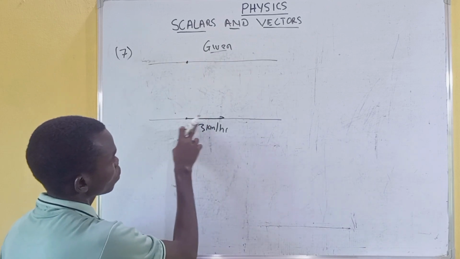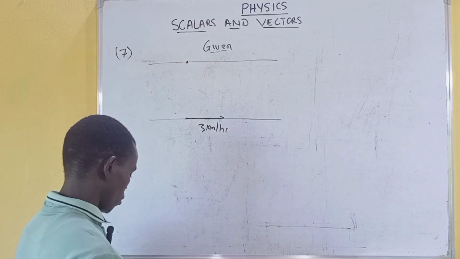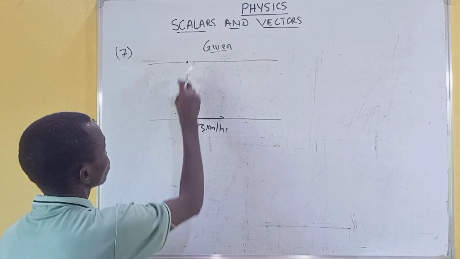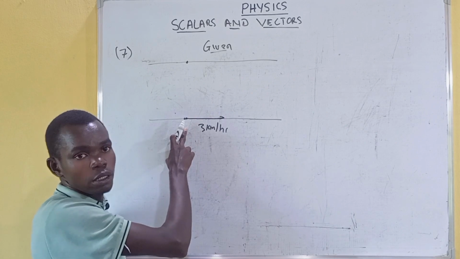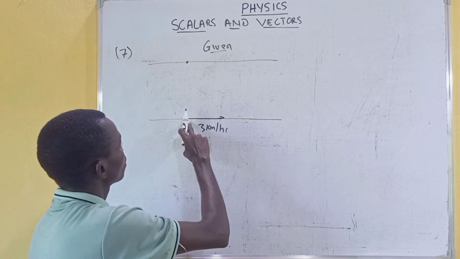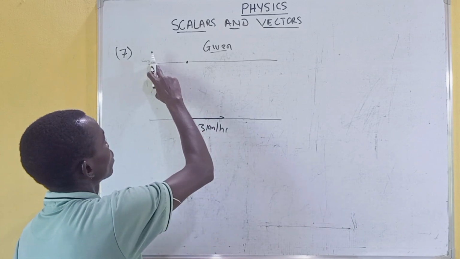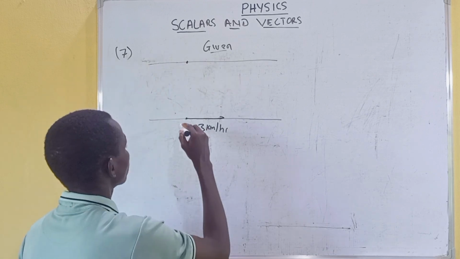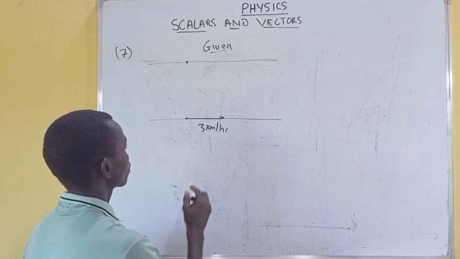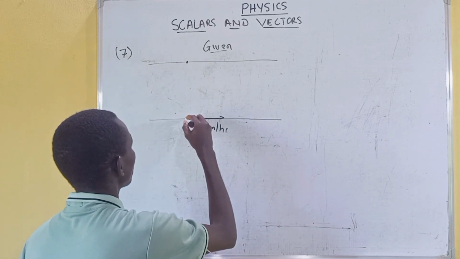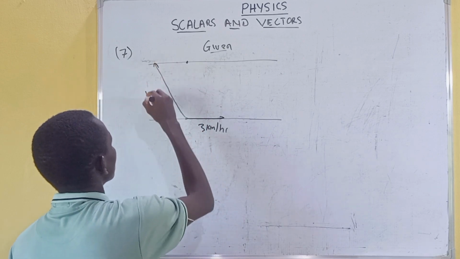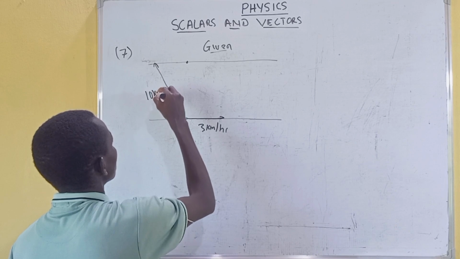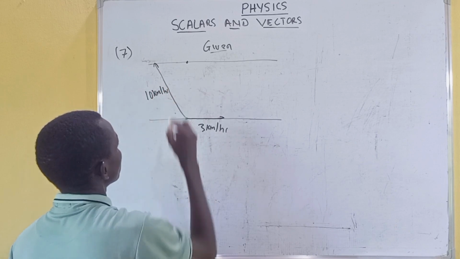The river is flowing in this direction. For the man to get to this point, which is directly opposite to this starting point, he will steer his boat in this direction. And from the question, the man is rowing at 10 km per hour. So this will now be 10 km per hour.